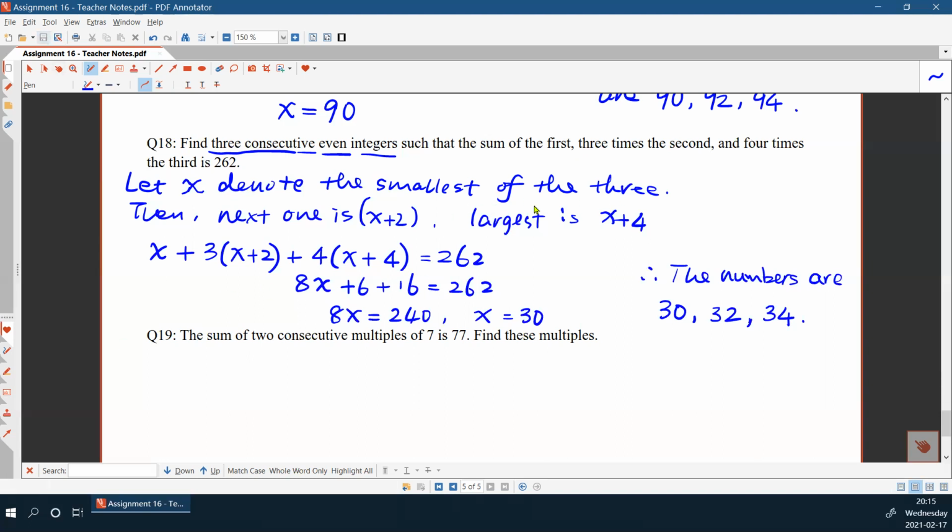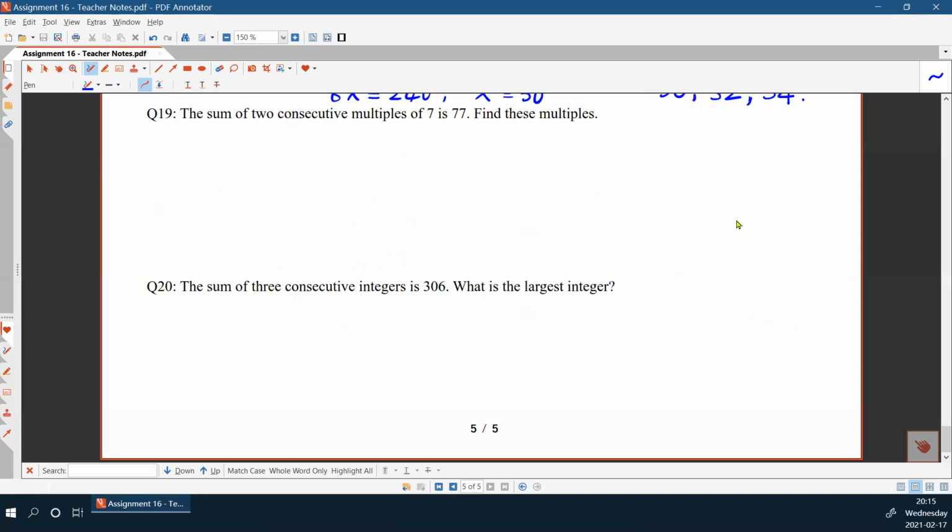Okay. Question 19. The sum of 2 consecutive multiples of 7. Okay, this time there are 2 numbers. Both of them are multiples of 7, and they are consecutive multiples of 7, right? Such as 7, 14, 21, etc. Find these multiples.